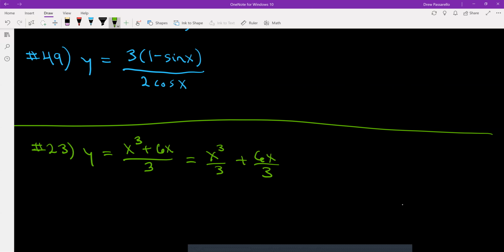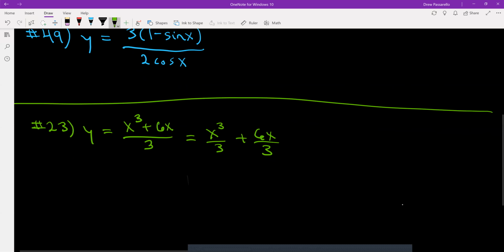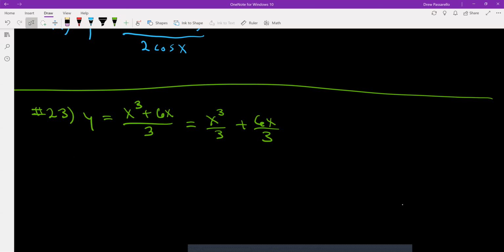Since that's how fractions work, we can separate into 2 fractions with the same denominator. And for the x cubed over 3, I tend to write it as 1/3 x cubed. It's just a preference thing. I just like looking at it with the 1/3 in front. And for me, it's easier to keep it like that when I find its derivative. Now 6 divided by 3 is 2, so this would be plus 2x.